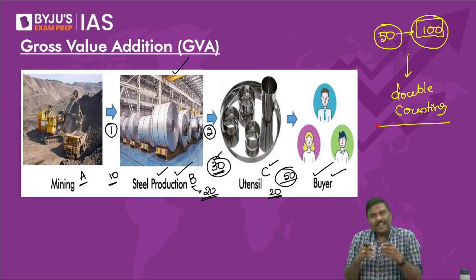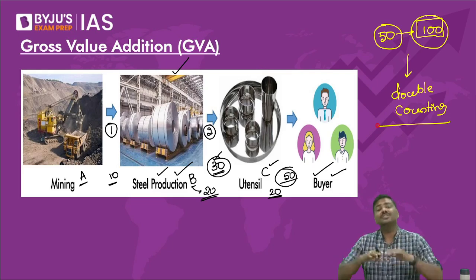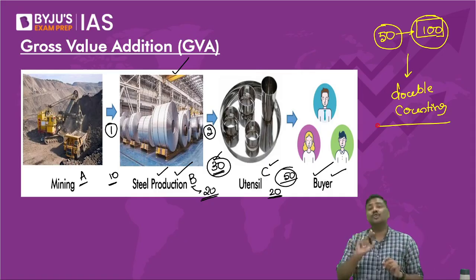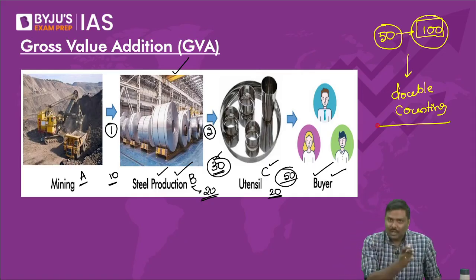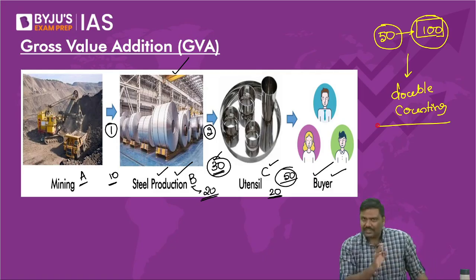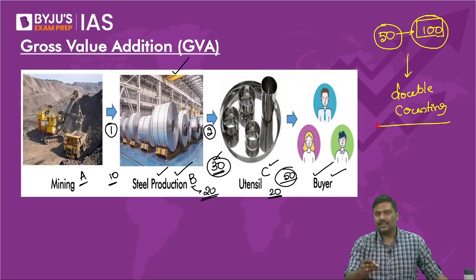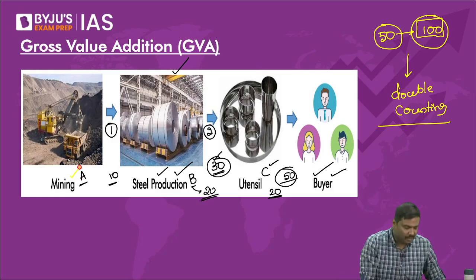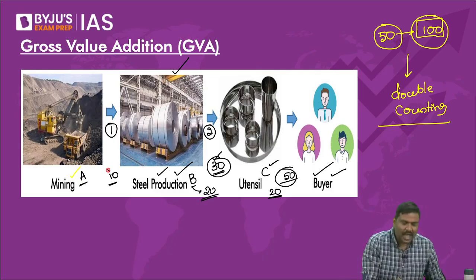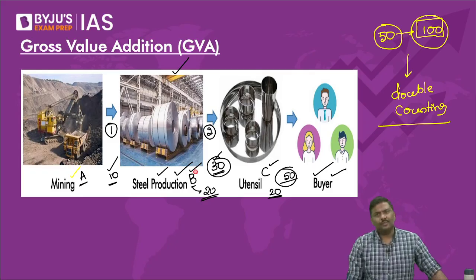So should we calculate even the intermediary goods? Absolutely not. We should not be counting intermediary goods value. Looking at the calculation that I've given here, company A will sell the iron ore to me at 10 rupees.